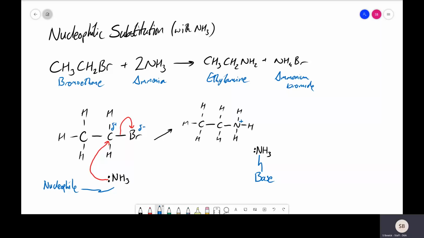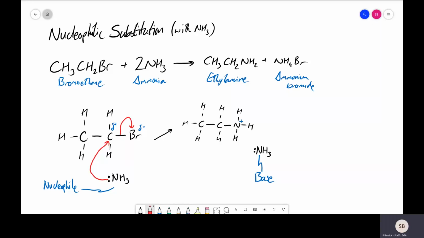So when it acts as a base, it's going to take away one of the hydrogens from that NH3 group. And that's a good thing if you're the nitrogen atom. If you take away one of the hydrogens, which is acting as a proton, you can lose your positive charge, and it doesn't want to be charged. So the ammonia, when it acts as a base, is going to try and steal the hydrogen off the NH3.